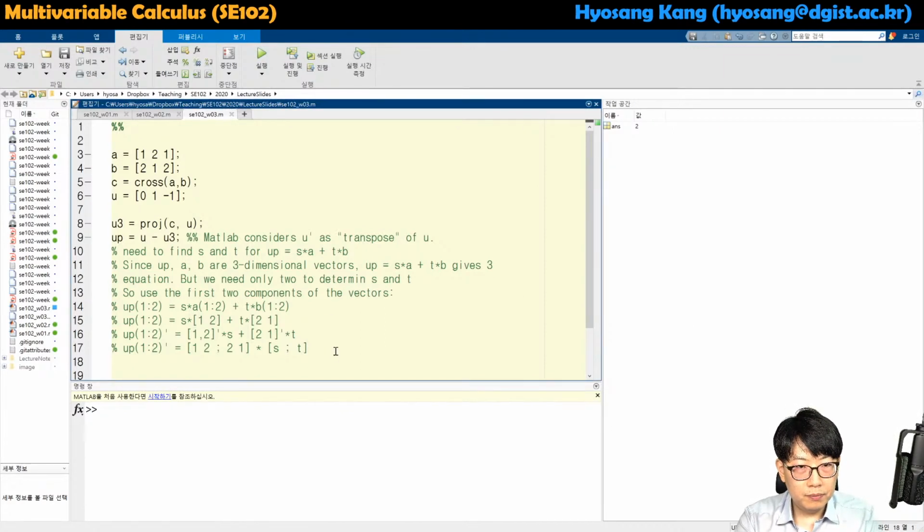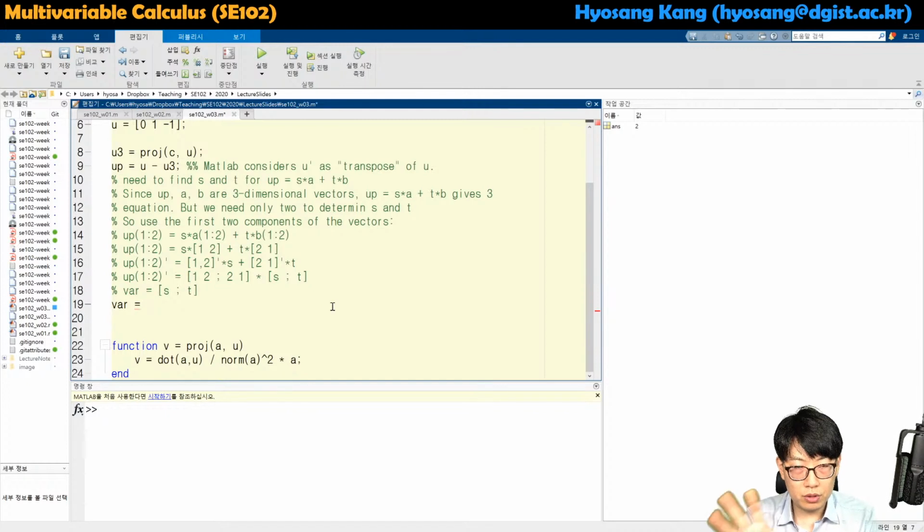So let's try to find out what this variable is. So I'm going to put this variable as ST, a column vector which consists of the unknown variables. So I need to take the inverse of the matrix 1, 2, 2, 1, and then multiply with UP 1, 2 prime.